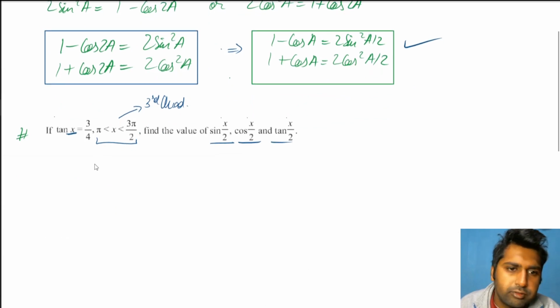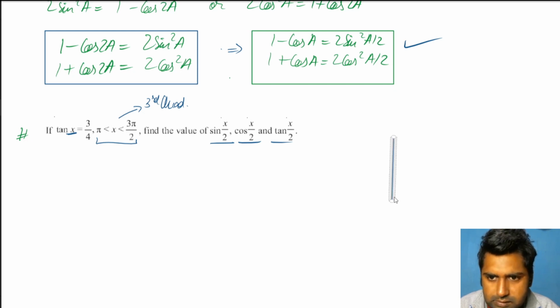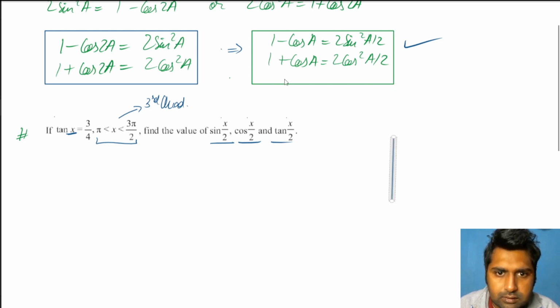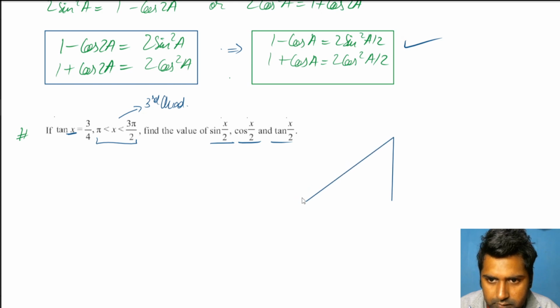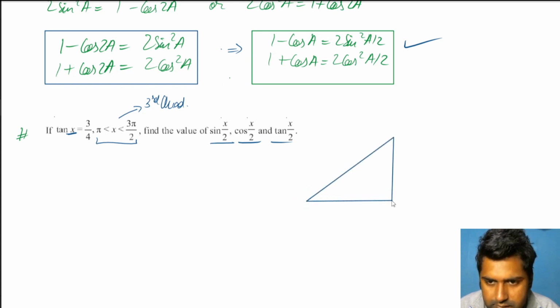First of all, from tan, let's convert it into cos. If tan x is 3 by 4, let me draw a right angle triangle. If this is our angle x, tan is perpendicular upon base.